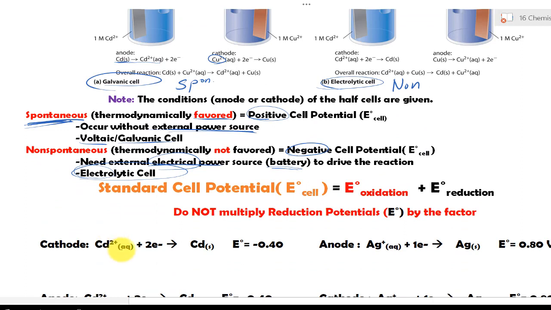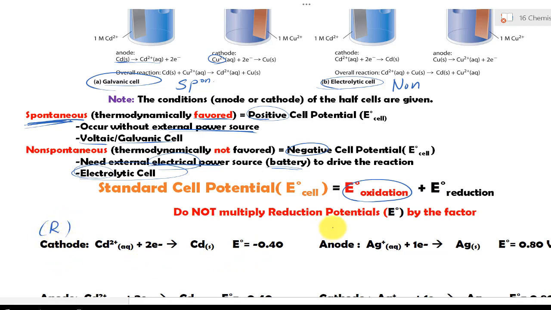So let's do an example problem. Here's the equation for solving for the cell potential: just the oxidation plus the reduction. Just remember that if you are given the value in terms of reduction, you have to flip the sign to get the oxidation potential. So let's look at this problem. We have the cathode given in terms of reduction, and the cathode is where reduction occurs, so we don't worry about that part.